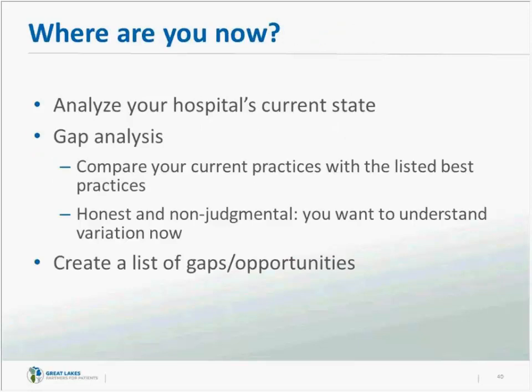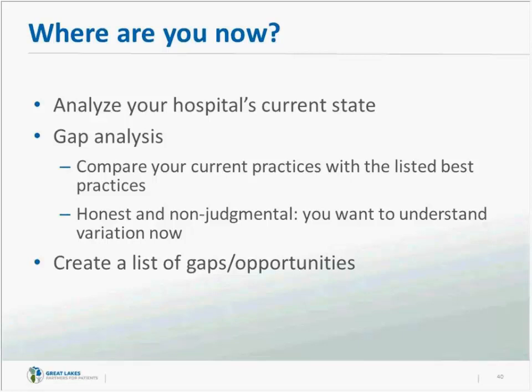So given that, I think we need to figure out where your hospital is right now. Many of you listening to this may be doing most of these or all of these and may feel that you are in a pretty good shape. Many of you may feel, hey, wait a second, we haven't looked at this and I have absolutely no clue that pharmacists are involved in methadone prescribing policies at our hospital. So a good way to figure that out is to do this gap analysis.